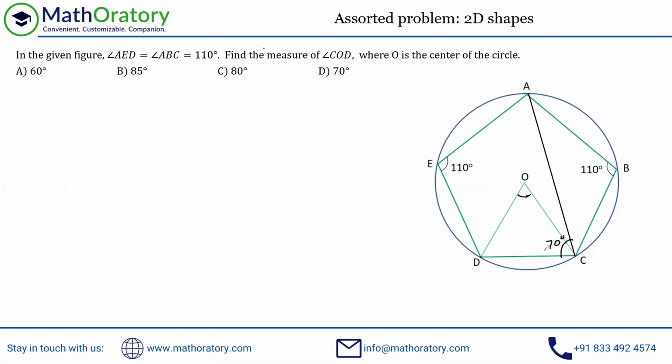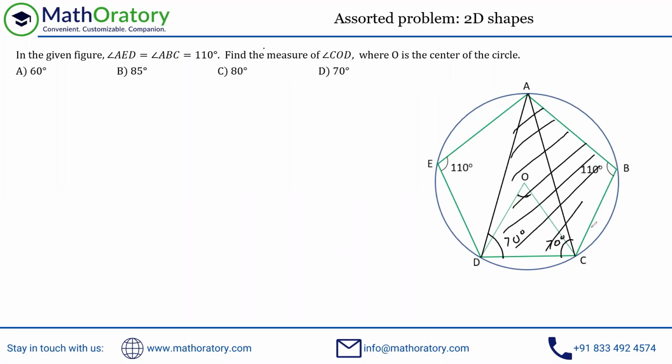They are supplementary. Using the same idea, you can also prove that this entire angle should be 70 degrees. Just consider this quadrilateral, ABCD. These two would also add up to 180 degrees. So that makes another 70 degrees here.